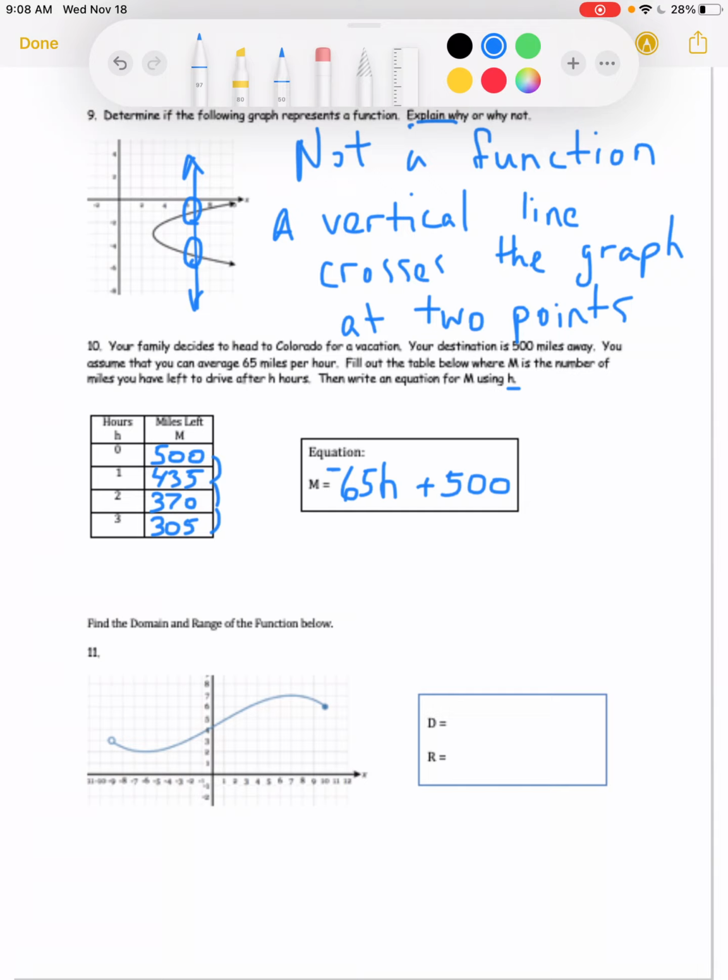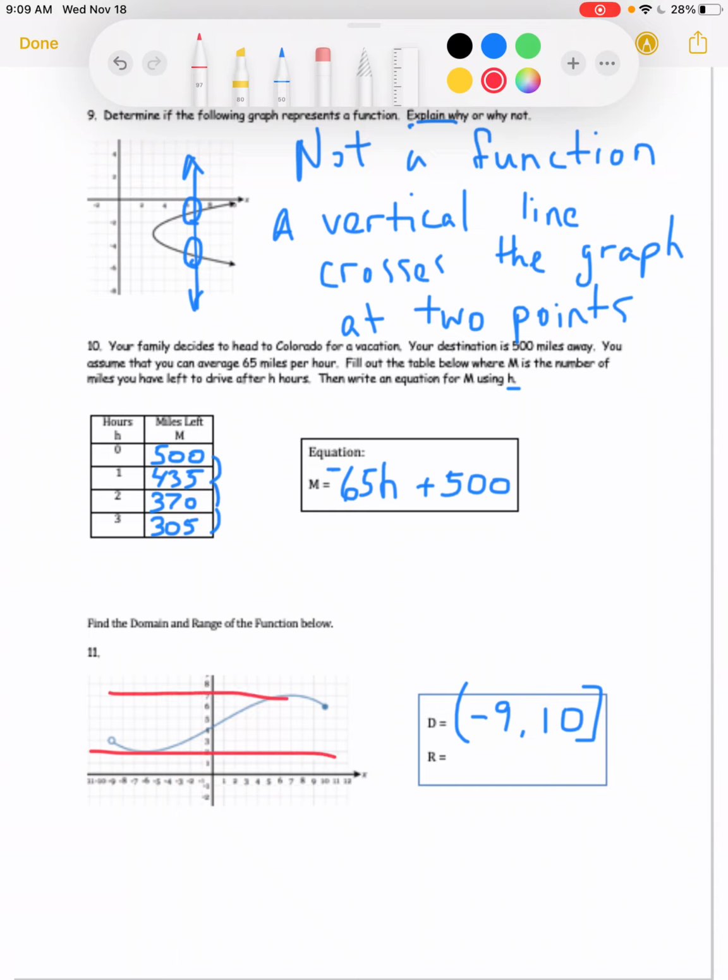All right, last one. Domain and range. So we're looking at how far left and how far right we go. What is all the x values that we can have? So it looks like -9 and +10. The 10 has a filled in circle, so that's going to be a bracket, but the -9 needs to be a parenthesis. Then moving the other direction, how low does it go?